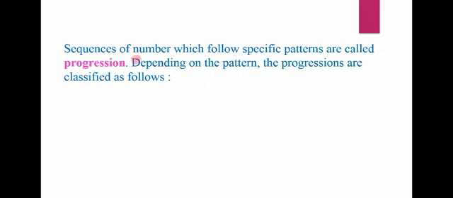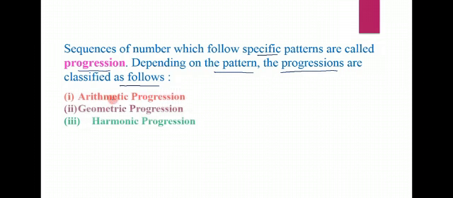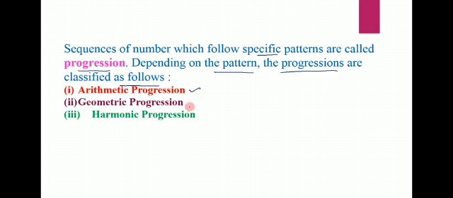A sequence of numbers which follows a specific pattern is called a progression. Depending on the pattern, progressions are classified into 3 main types: arithmetic progression, geometric progression, and harmonic progression.